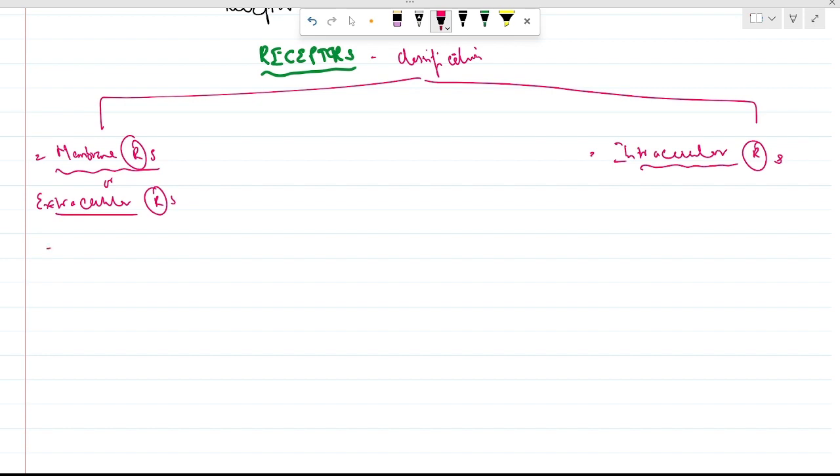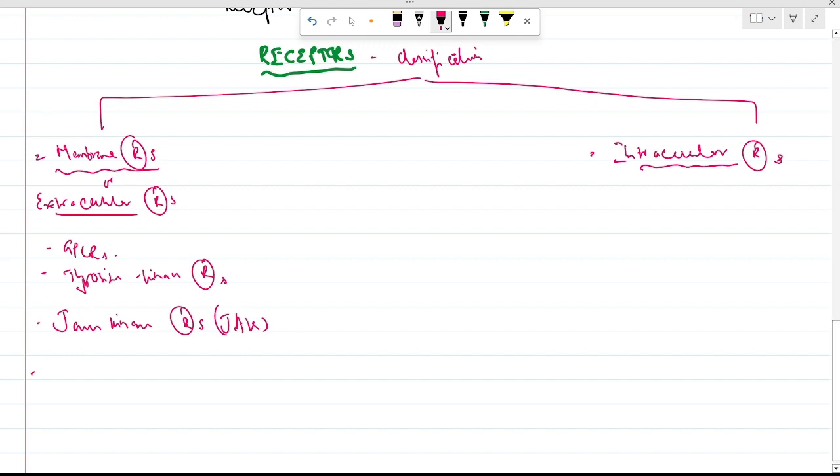Examples of these extracellular receptors are G protein coupled receptors, then tyrosine kinase receptors, then the Janus kinase receptors, or JAK receptors.